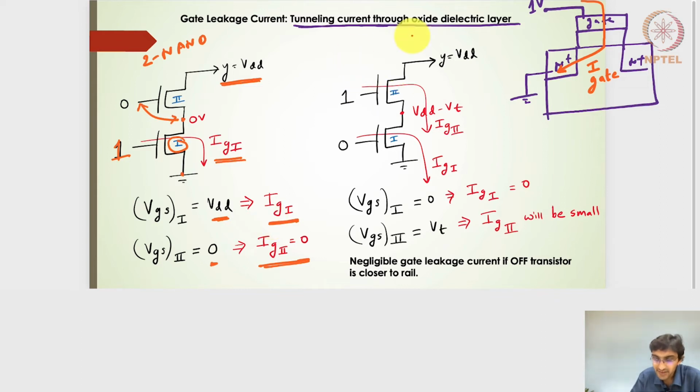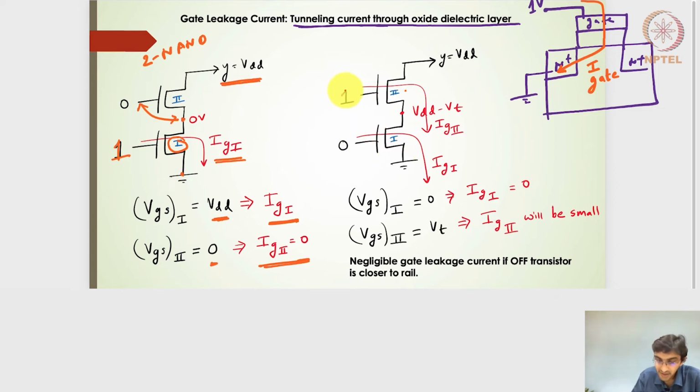Right. So if I have another configuration here, where the top transistor is on, and the bottom transistor, which is closer to the ground rail, is off and is provided with a 0 logic, and this one is 1. This is anyway an off transistor, so there won't be any gate leakage current.